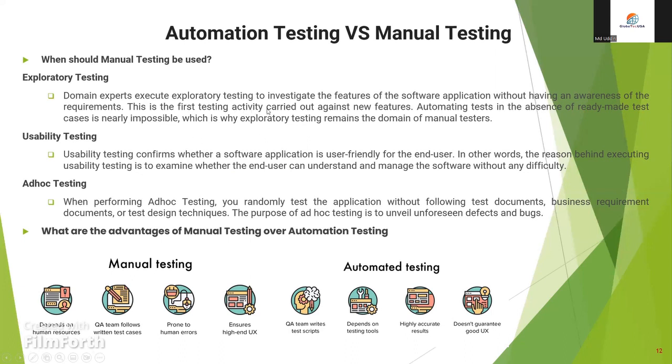This is the first testing activity carried out against new features. Whenever there are new features, even if there are no requirements ready, you can go ahead and explore the application to get some familiarity with its functionality. And automating tests in the absence of ready-made test cases is nearly impossible, which is why exploratory testing remains a domain of the manual tester.